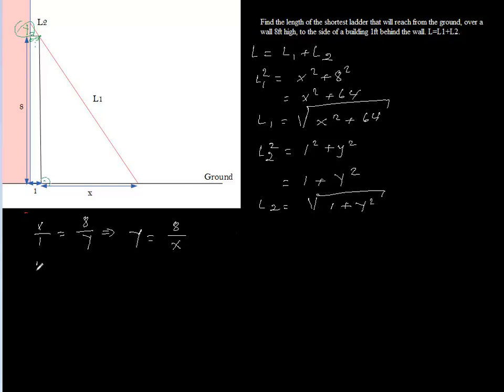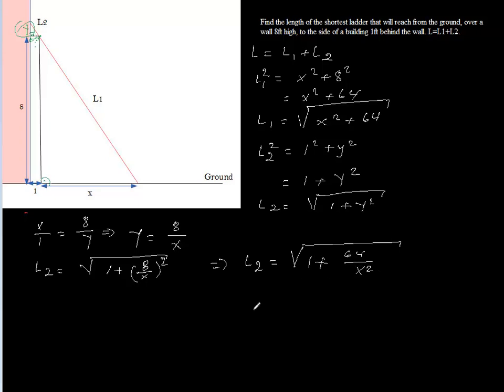That means that L2 is equal to square root of 1 plus (8 over x) all squared. So L2 is equal to, write it nice, square root of 1 plus 64 over x squared.